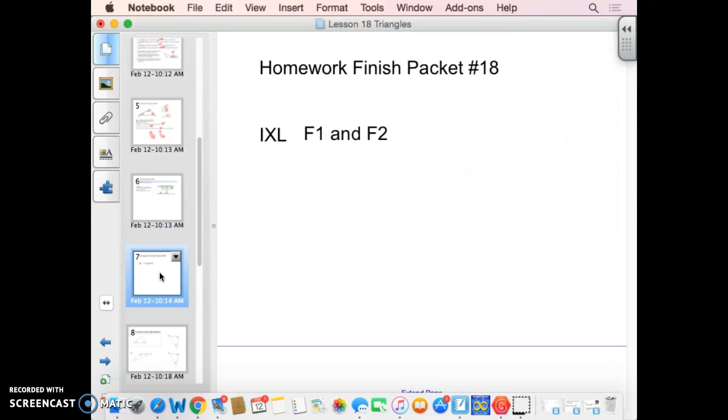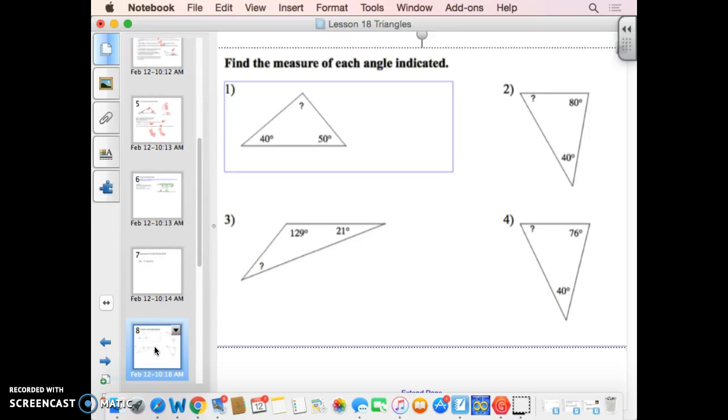Okay, what you'll need to do at this point is finish your packet and IXL F1 and F2. I've got some time here to do a couple example problems with you. So just remember, when you're finding the measure of each angle, we know that all three angles are going to equal 180.